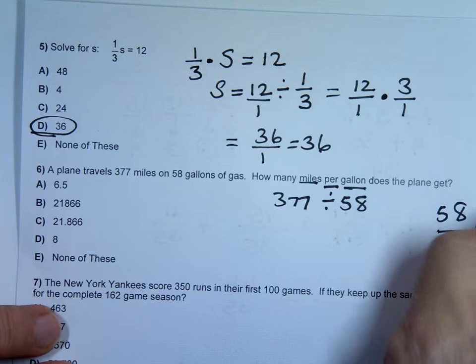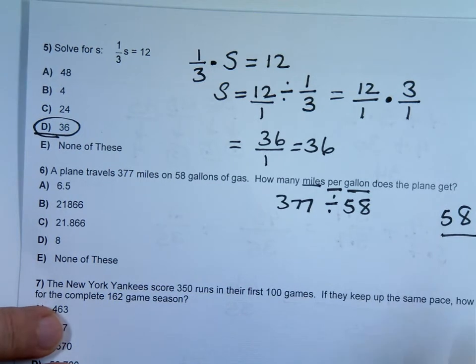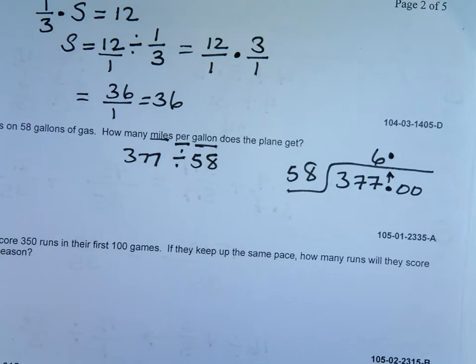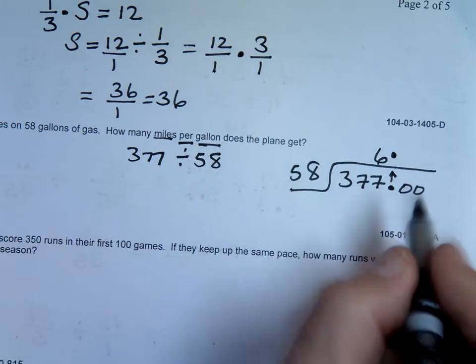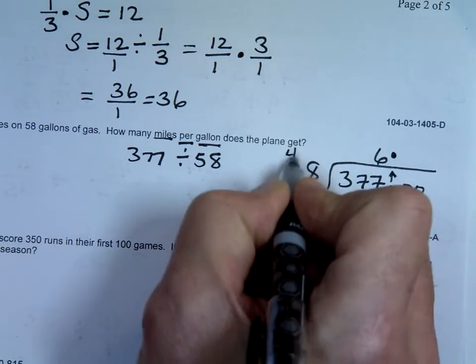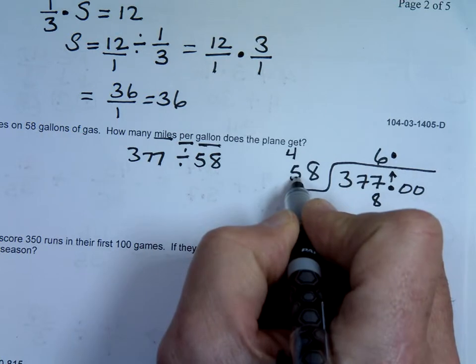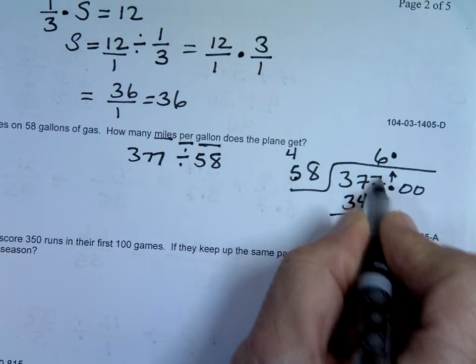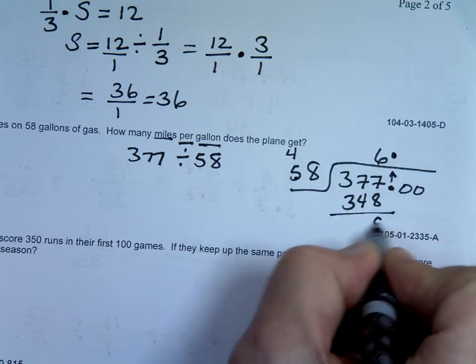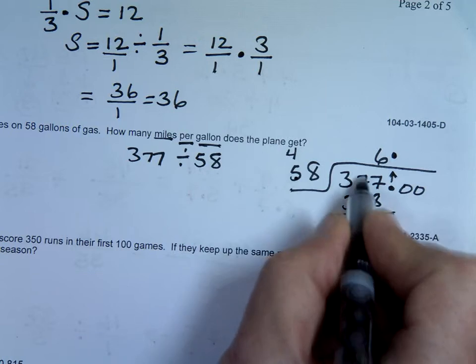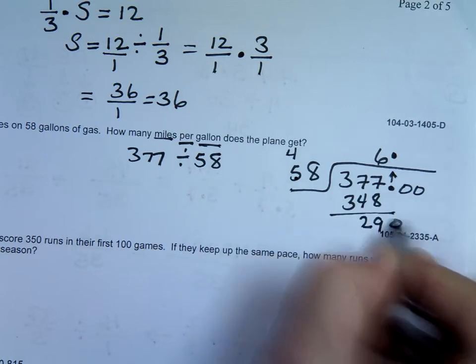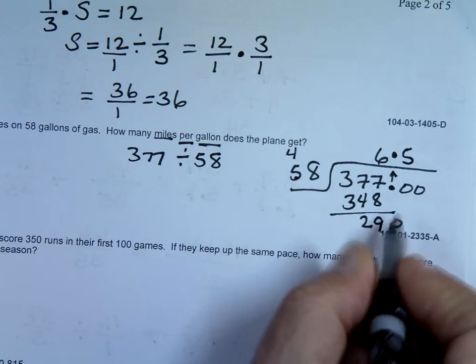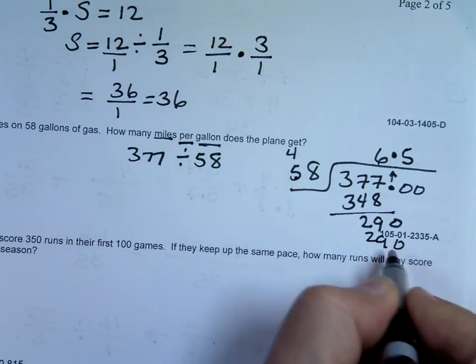Let's try this 6. 6 times 8 is what? 48. 6 times 5, 30, and 4, 34. 8 from 17, which is what? 9. 4 from 6, that's 2. Bring that 0 down, 290. 5 times 58, 290. So it is 6.5.